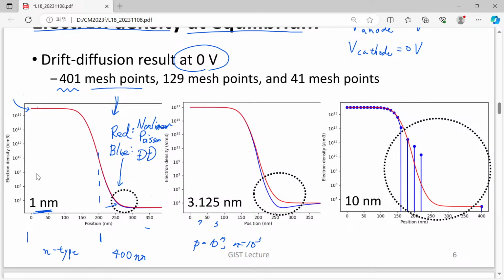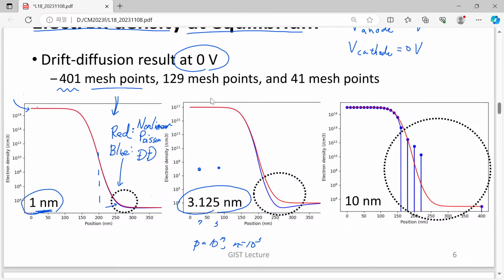Now let's go to another case. For example, here we have a relatively coarse grid. This is the spacing between two neighboring nodes, roughly 3 times coarser than our fine grid.